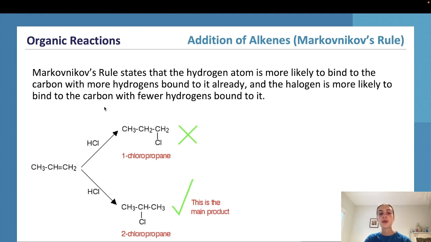And so Markovnikov's rule is saying that hydrogen is going to bond to the carbon which already has more hydrogens bound to it, so it's going to bond to the CH2 part of the molecule as opposed to the CH part of the molecule, resulting in 2-chloropropane as opposed to 1-chloropropane. So we'll end up in this reaction producing mostly 2-chloropropane. However, there will be a very small amount of 1-chloropropane produced.